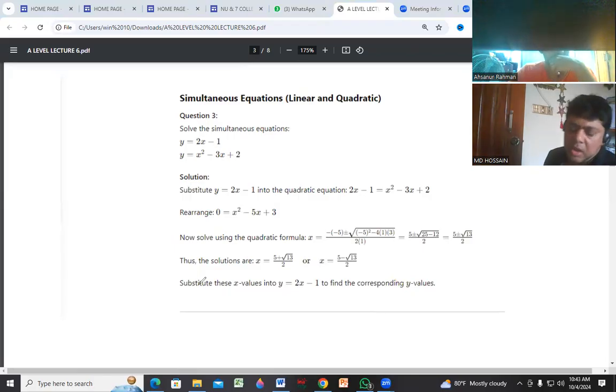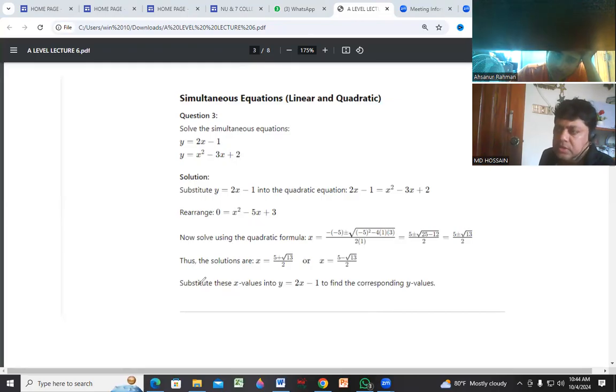Y is the variable whose value has been given: y equal to 2x minus 1 and y equal to x square minus 3x plus 2. What is the question? We have to find the value of the variable. That is, solve the simultaneous equation, where values are given, we have to find the value of x.